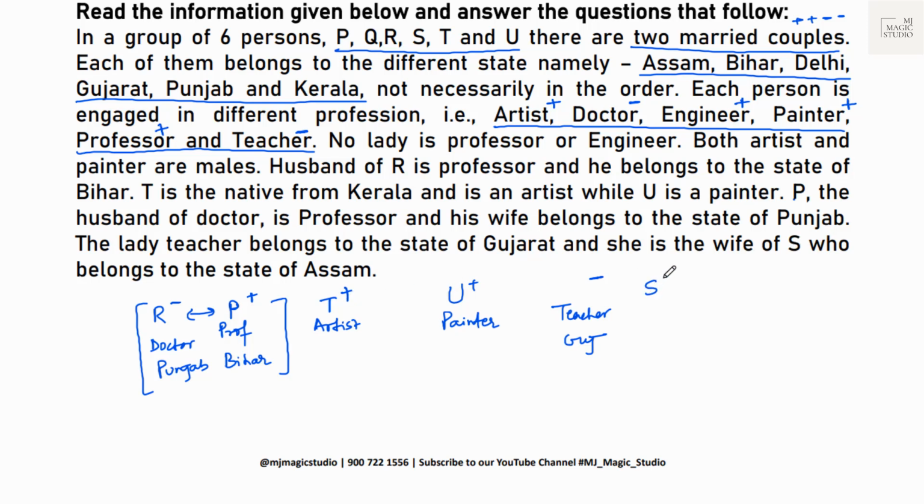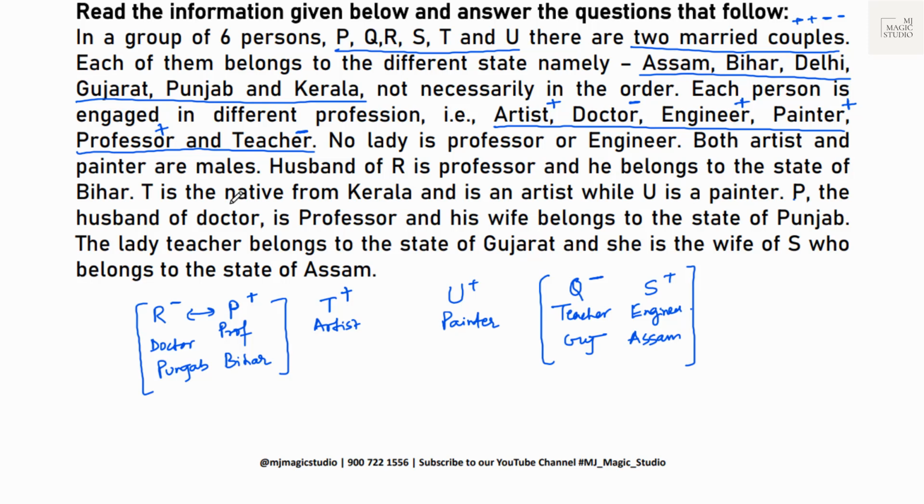S is plus. So this is one couple who belongs to Assam. So we have doctor. So we are left with engineer only. So S is engineer. And we have P, Q, R, S, T, U. Q is the teacher. Now we are confused with from which state is U and T, but it is given.